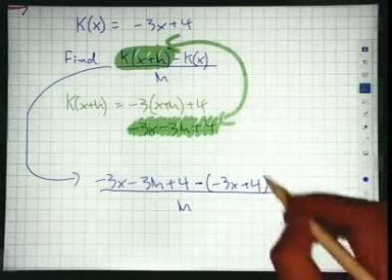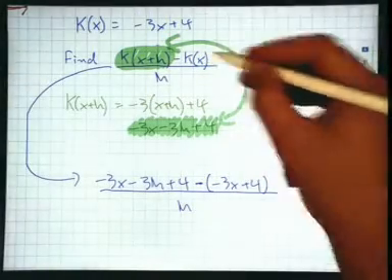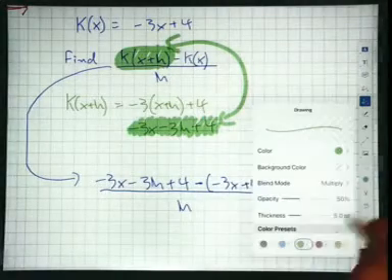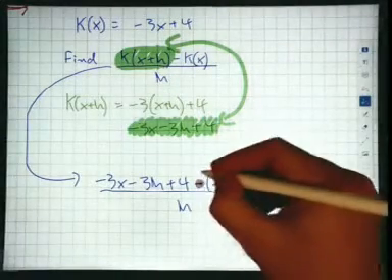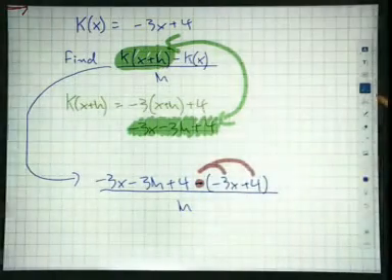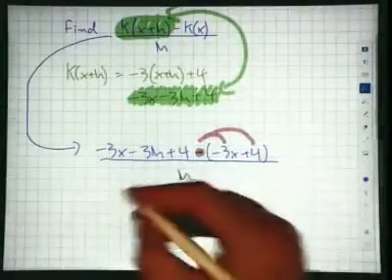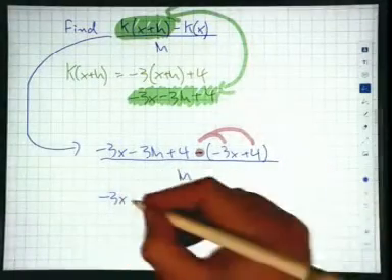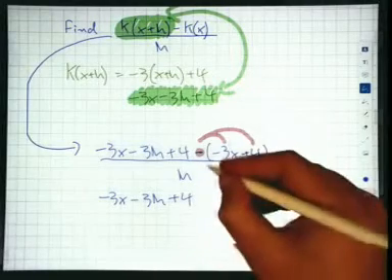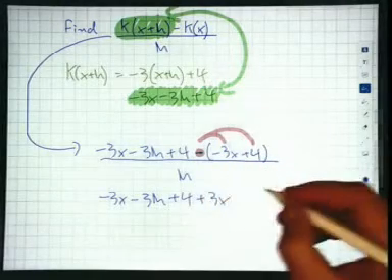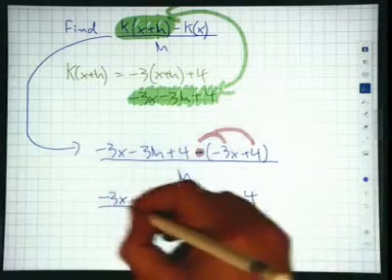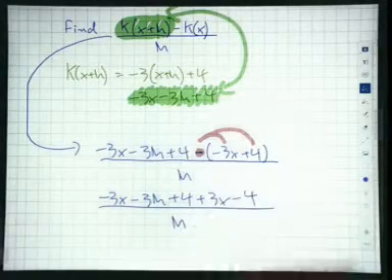So, little hint, always put k of x in parentheses, because you're about to distribute this negative sign to every single term in k of x. So we have now negative 3x minus 3h plus 4 plus 3x minus 4, all over h.